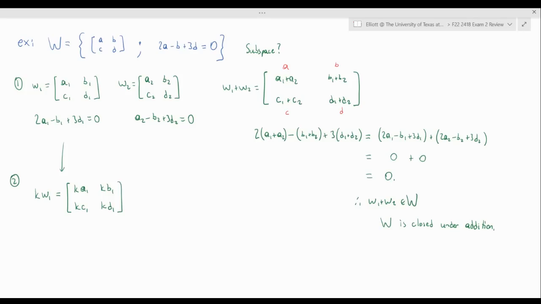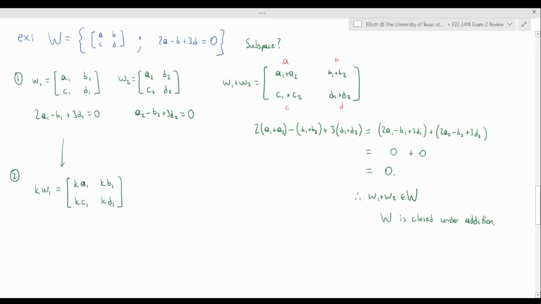And then again, checking if it's inside of the set W. So we need to take the new A entry and multiply it by 2, minus the new B, which is KB1, and add 3 times the new D, which is KD1. And we want to check whether this is going to be equal to 0 or not.